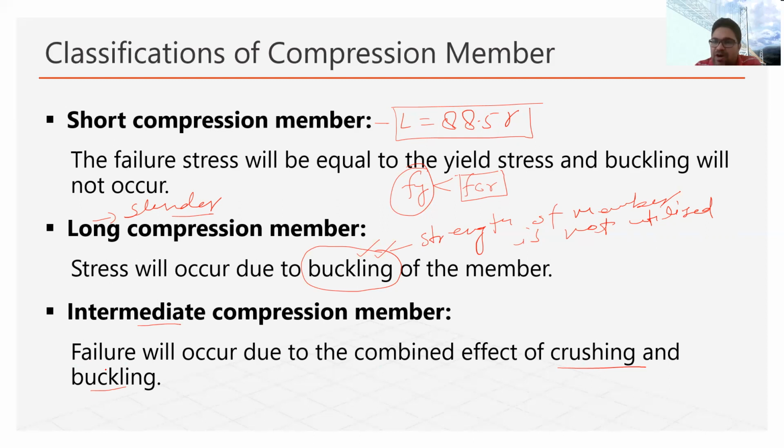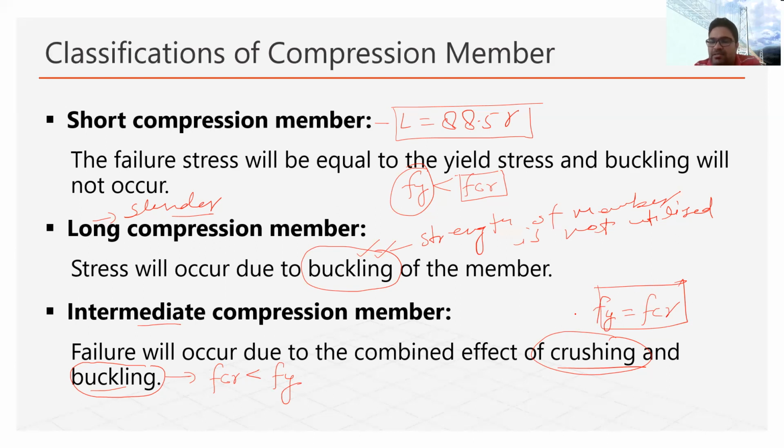In this, some fibers may have this crushing behavior, which means some may get up to Fy value, while some fibers in the member will experience the critical stress less than Fy.